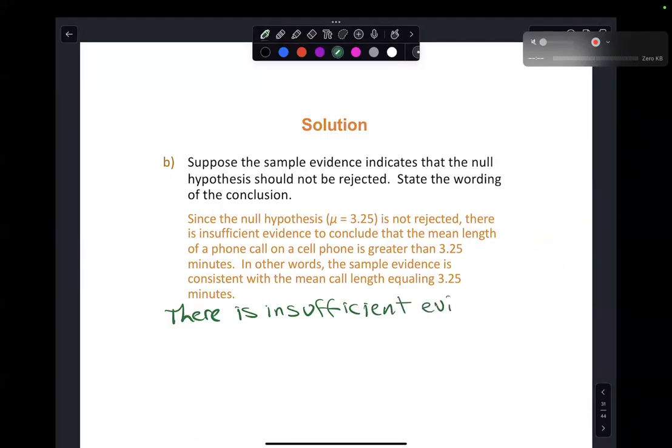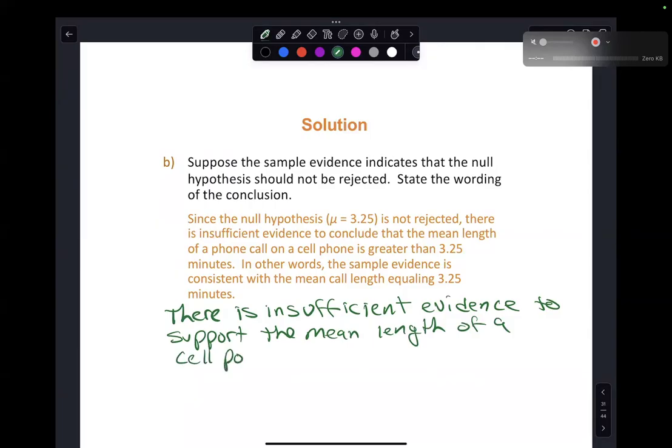Insufficient evidence to support the mean length of a cell phone call greater than 3.25 minutes.